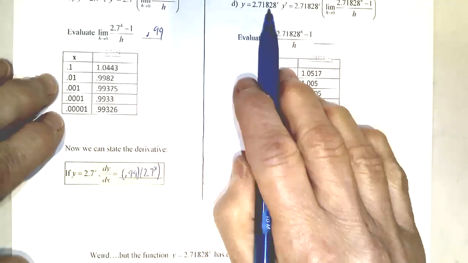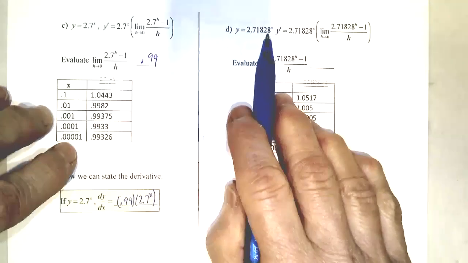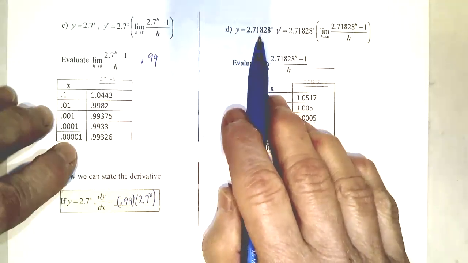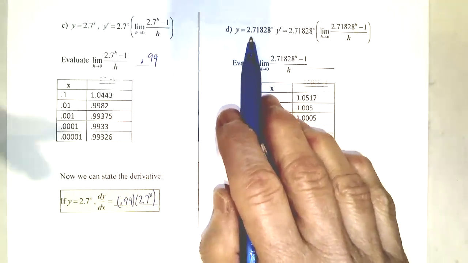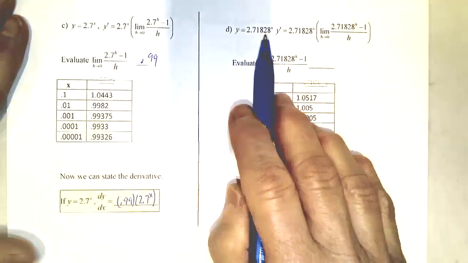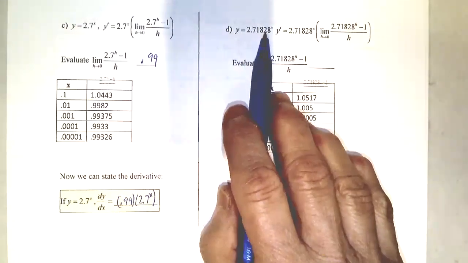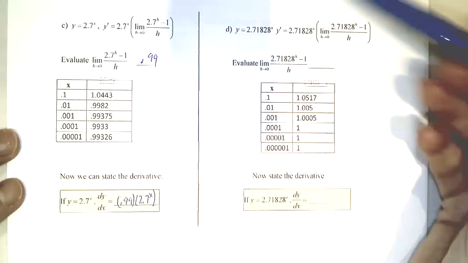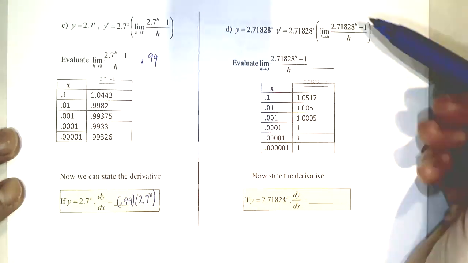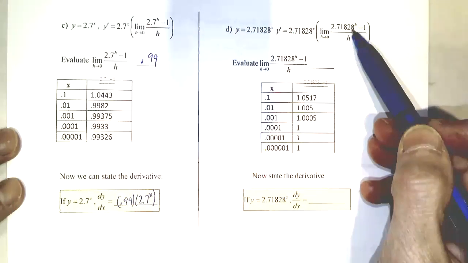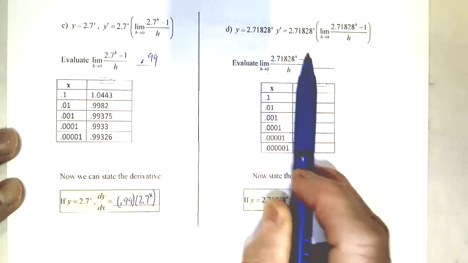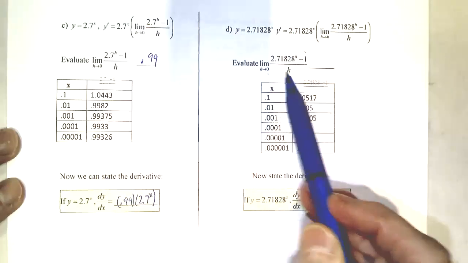Now I do it one last time, where the base is 2.71828. Looking familiar? That's Euler's number. So look what happens when I do the derivative of this function where the base just happens to be this new number, Euler's number. I do it the same way, so I have the exact same expression, except instead of the 2 or the 2.5, I have this guy. To evaluate the limit manually, I have to put in these values to the expression.